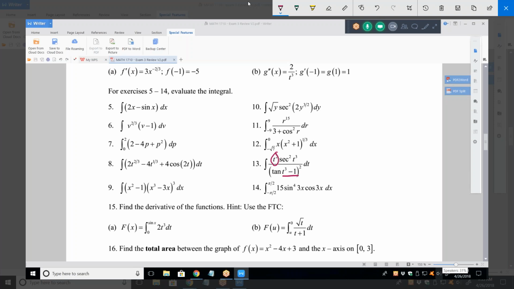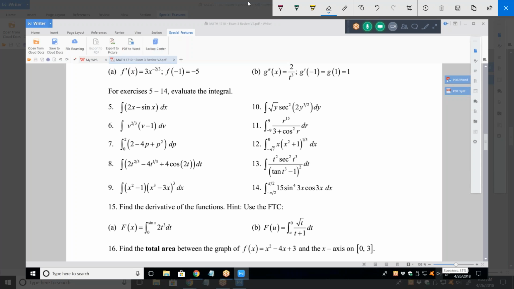So, think for a moment. This might be a double U substitution.